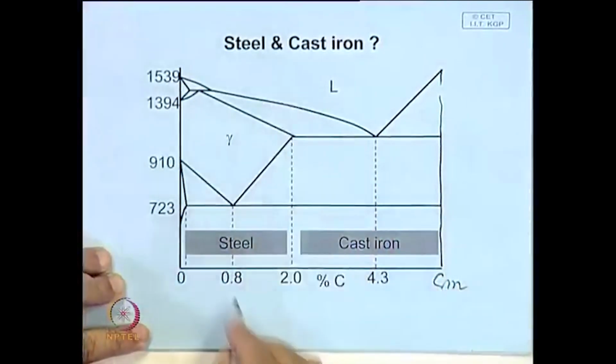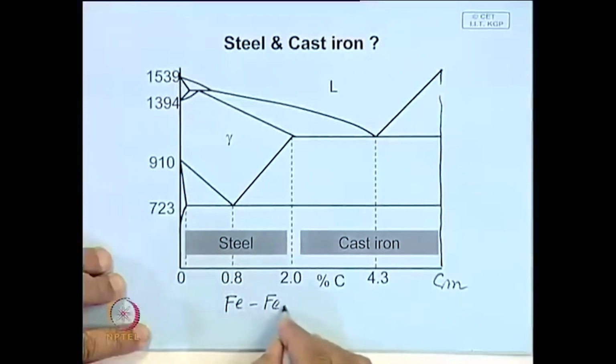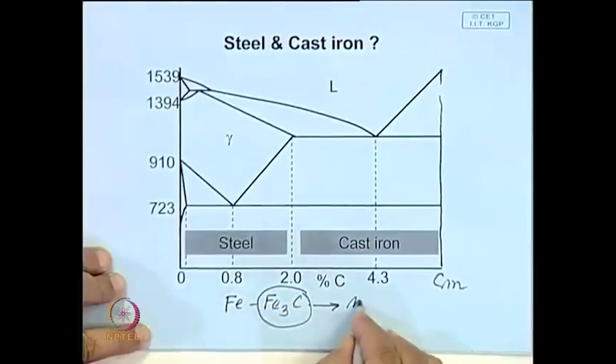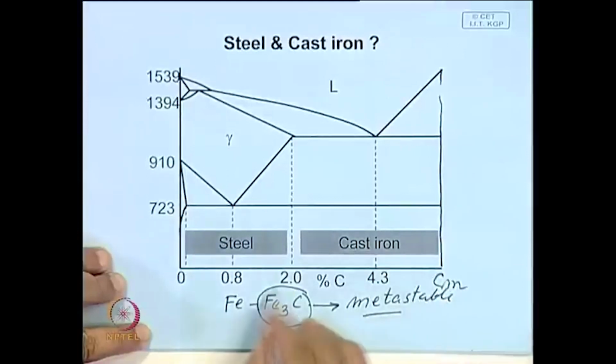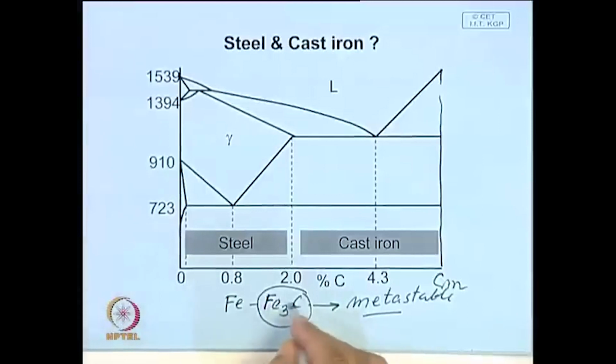It is also known as the Fe3C, iron carbide phase diagram, and this is a phase which is called a metastable phase. It is crystalline, it has a complex cubic structure with a very large number of atoms.